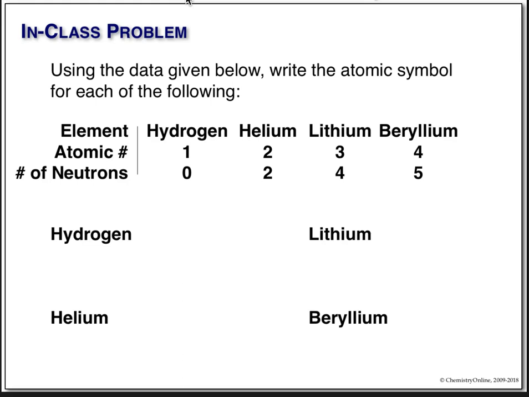Hydrogen, the symbol is H. Typically, hydrogen will have one proton, atomic number of 1, but no neutrons. So since the mass number is the sum of those two, the mass number is 1. H is our symbol. Atomic number is 1. That's our subscript. And we would write it like that.